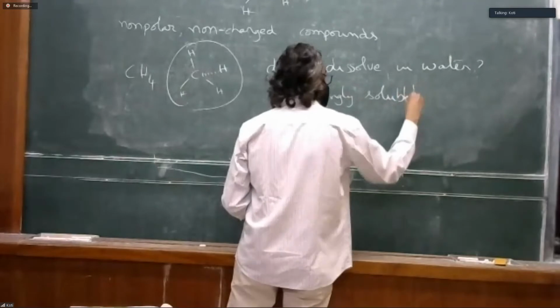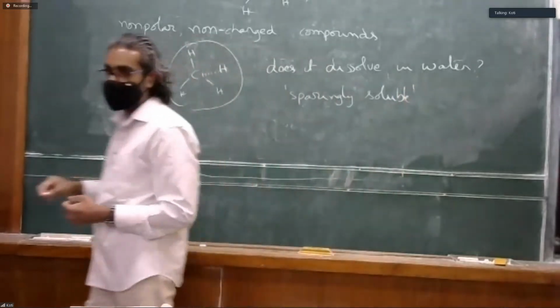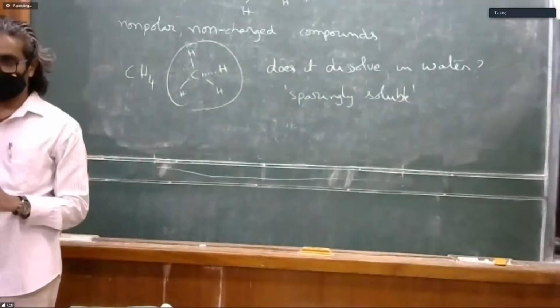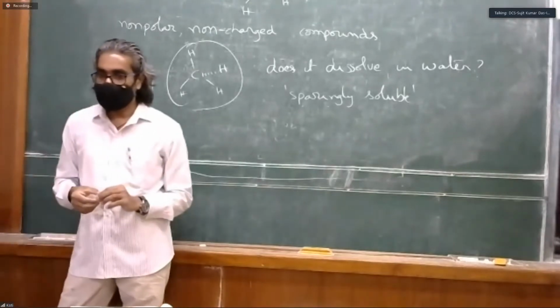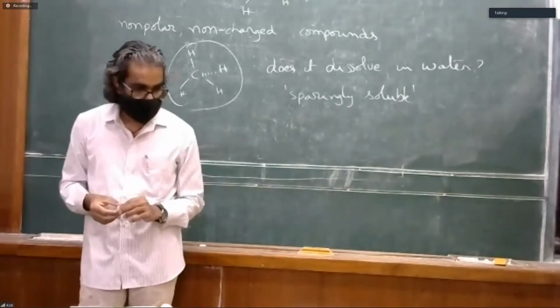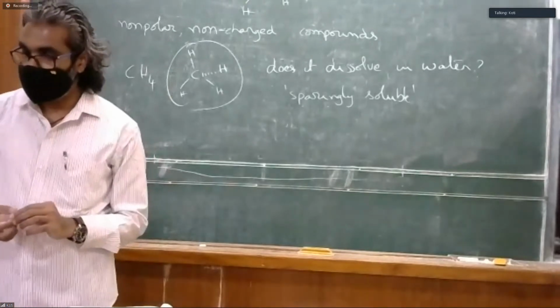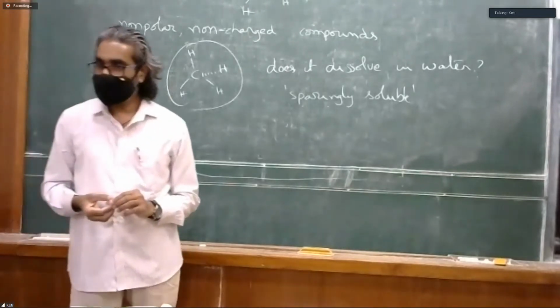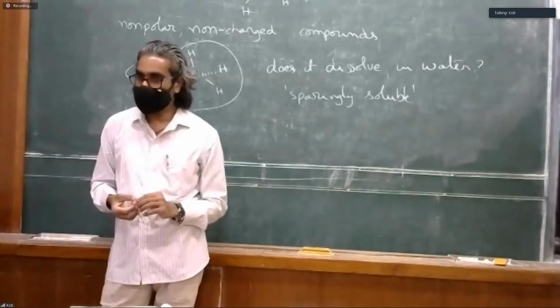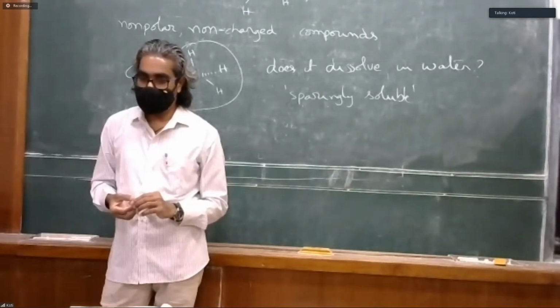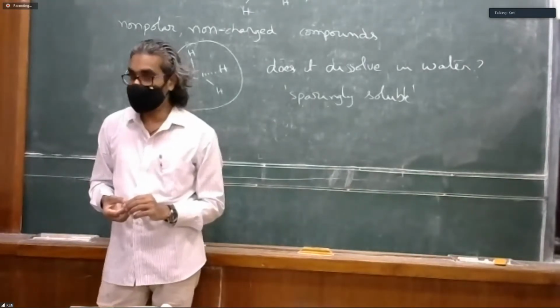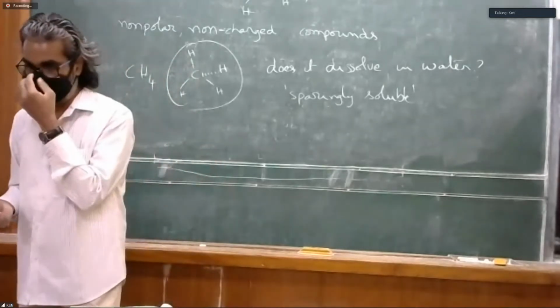Okay, so what's the meaning of sparingly soluble? Their solubility product is very low in the sparingly soluble salts. Yes, it's very low. It means that you can't really put a lot of compound in a solvent and make a solution. So that's what sparingly soluble is.